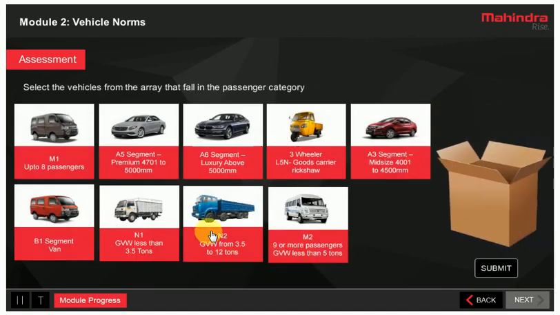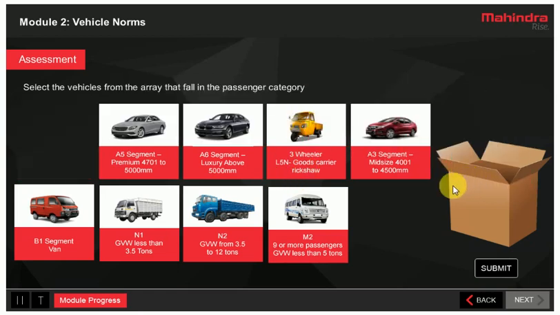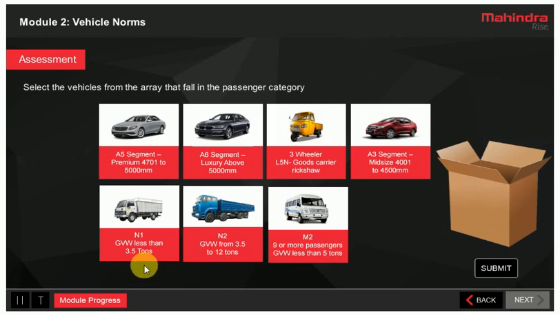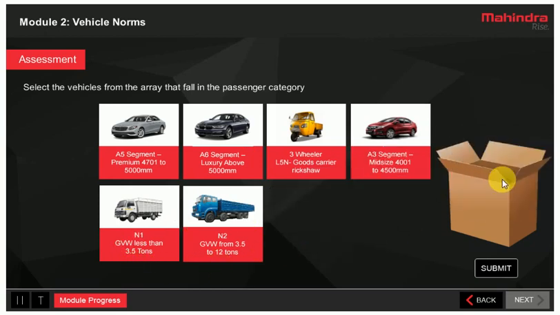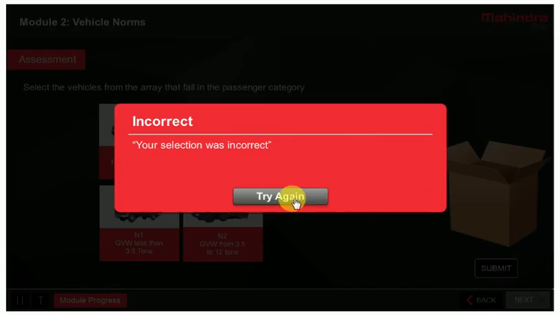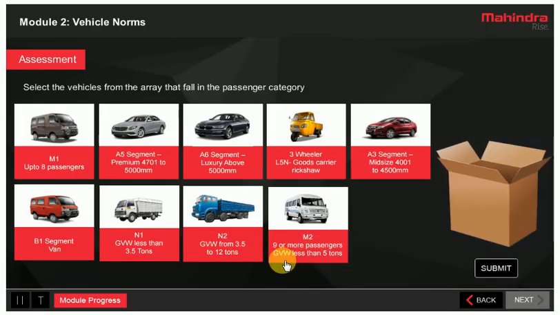Drag and drop the vehicles from the array into the box that fall in the passenger category.